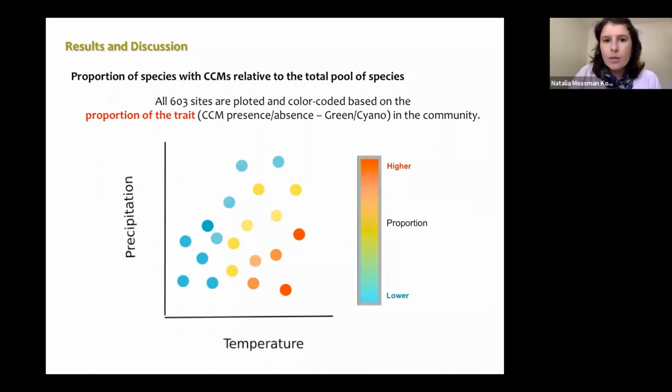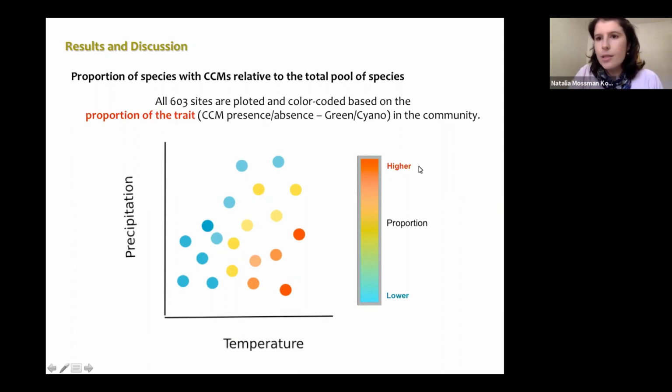To explain the results, I'm first going to show an example of the graphs that I am presenting. On the y-axis, I'm showing precipitation, on the x-axis, temperature, and the dots are all the sites that were sampled.